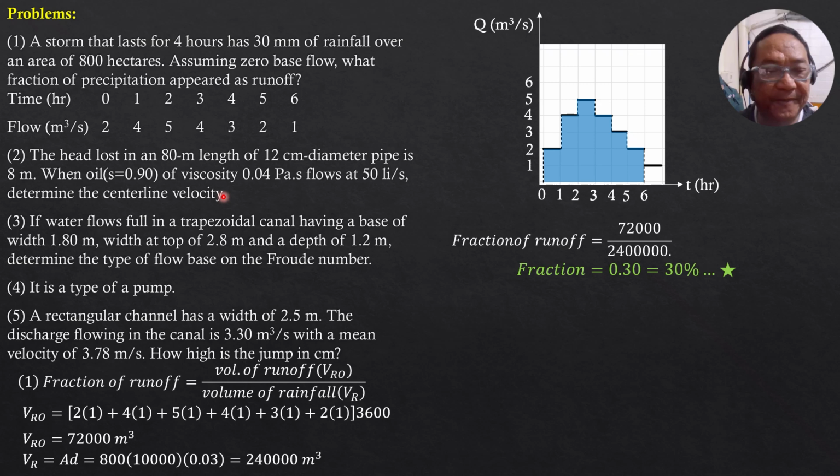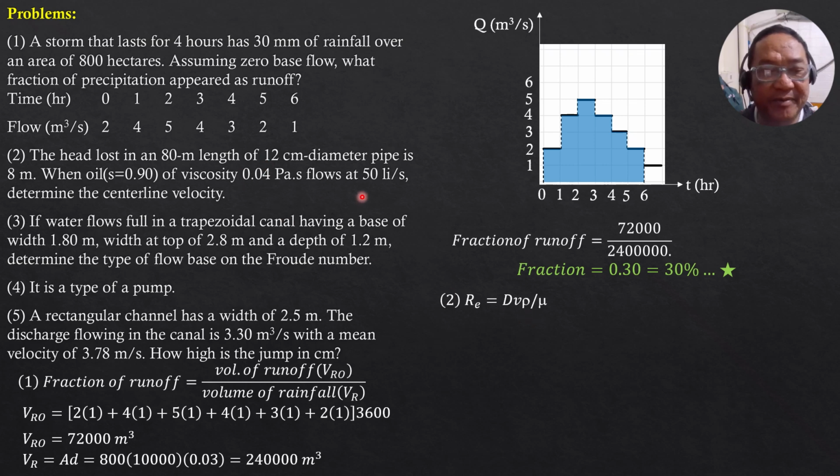So first, let's compute the Reynolds number given by diameter of pipe, mean velocity of flow, density over viscosity. Substituting, the diameter is 0.12 meter.